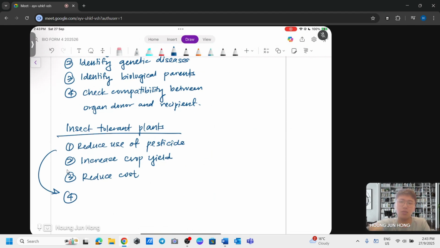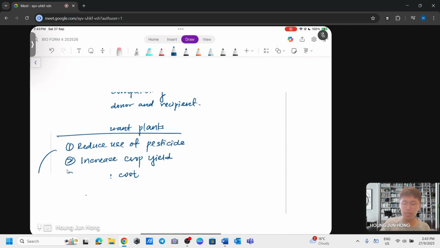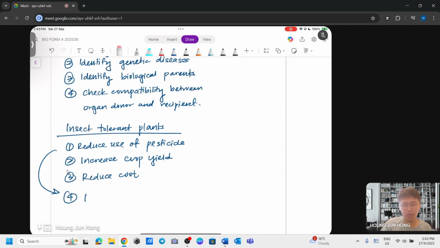If you keep accumulating it along the food chain, it becomes more and more. So maybe the chicken has 10 mg, and humans may have up to 100 mg. That is why, if you can reduce pesticide, you do not pollute your food chain. Your food chain would be free from pesticide and any kind of toxin.